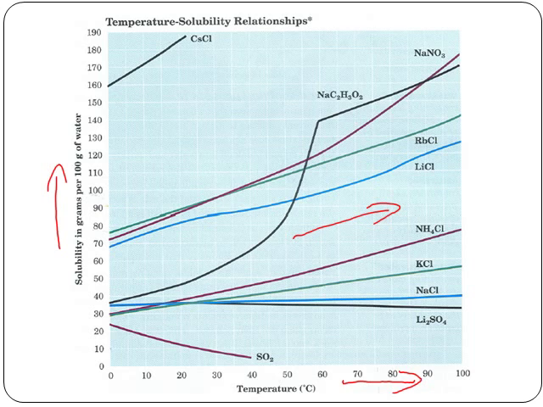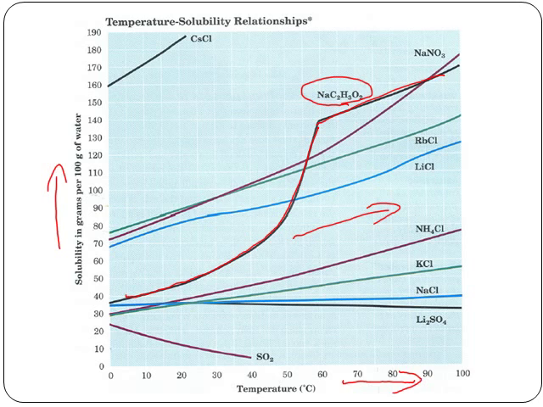One of them is this sodium acetate up here, which curves upward and then has a kink in it before going out this way. We're not really going to worry too much about this kink, but basically it deals with the fact that sodium acetate forms hydrates. Remember, we talked about hydrates, where the molecules surround water molecules and trap them inside.